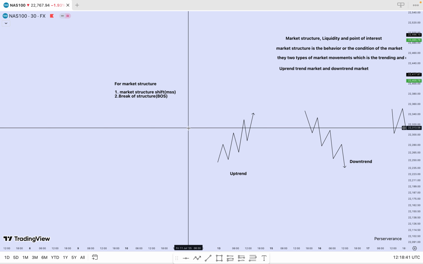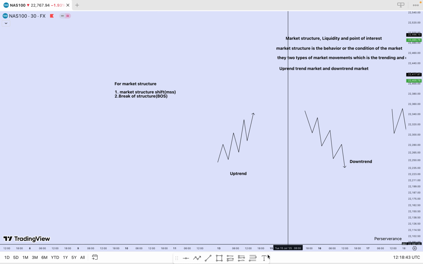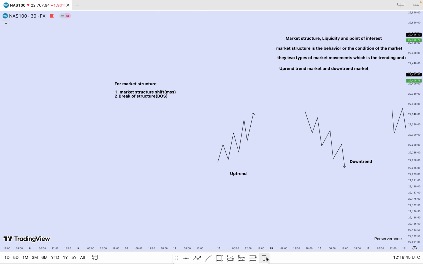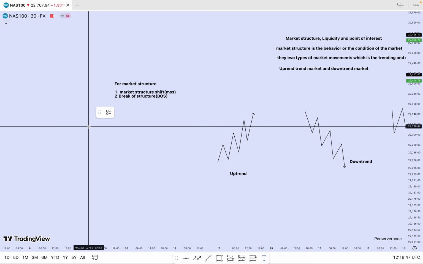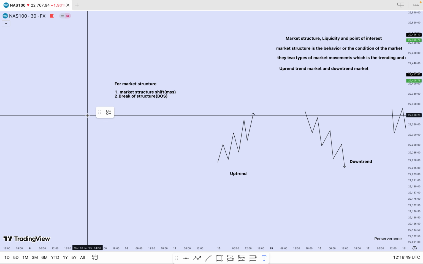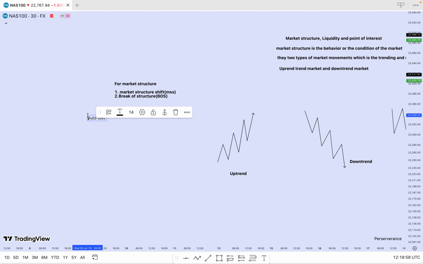So let's start with the market structure shift. What does market structure shift mean? Market structure shift is basically an indication that tells us that price has changed from the previous direction to the opposite direction.